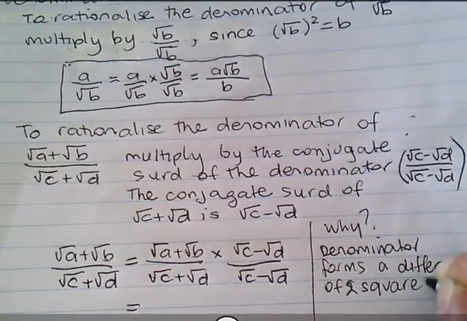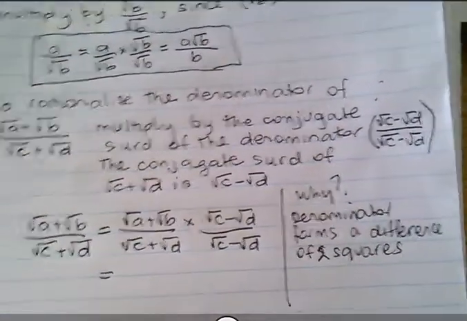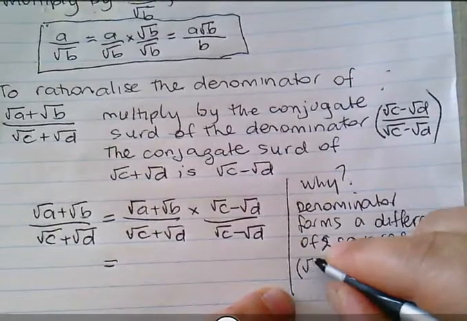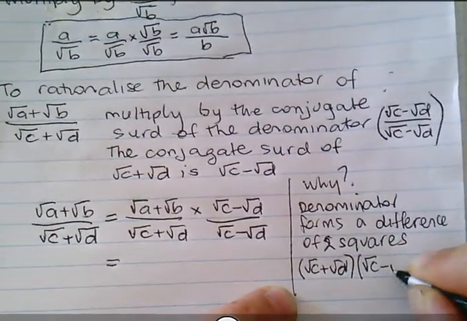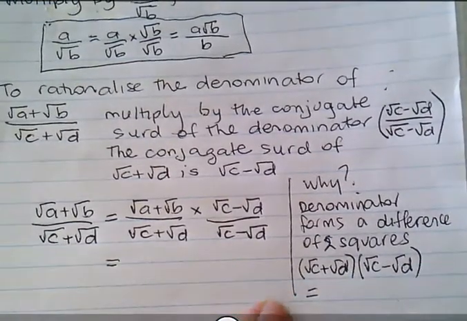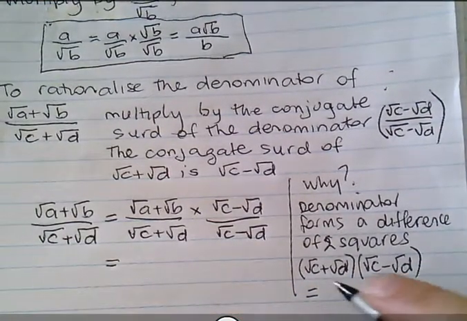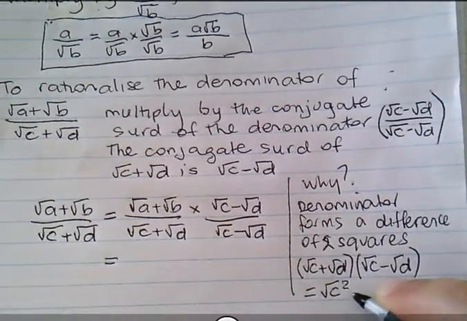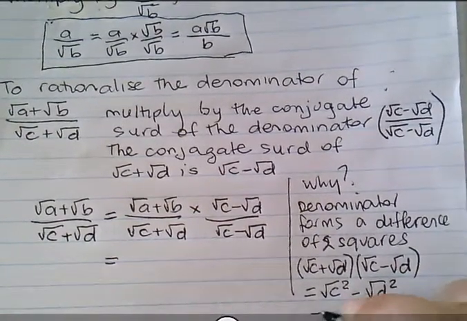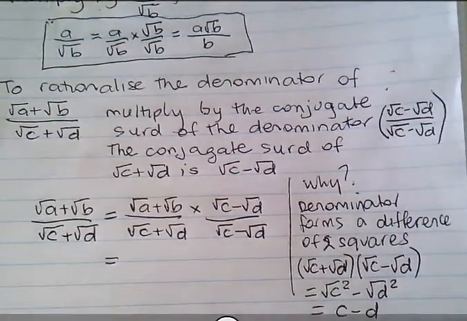Now when I do that difference of 2 squares, the reason we do it is the following. If I expand that denominator, you know, I've got a plus b, a minus b, isn't that a squared minus b squared? It'll be root c squared minus root d squared, which forms c minus d.